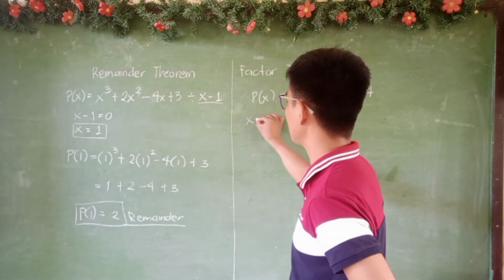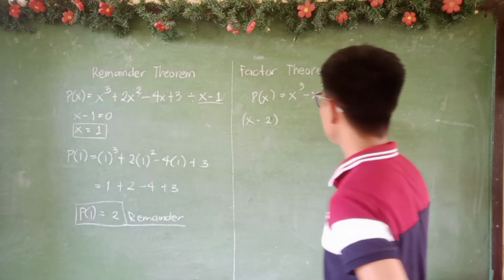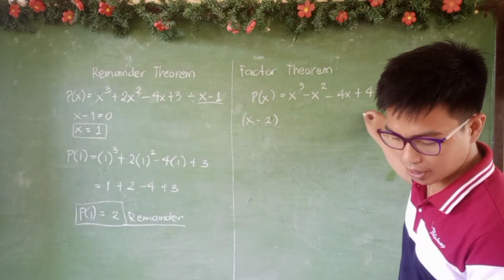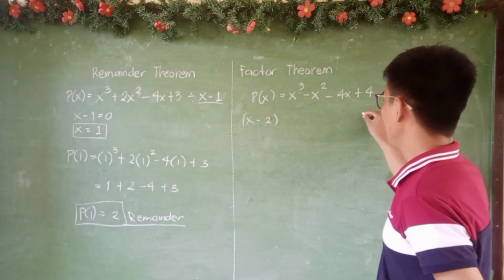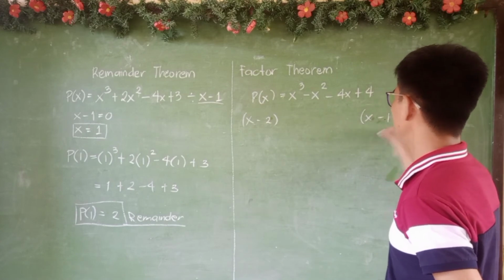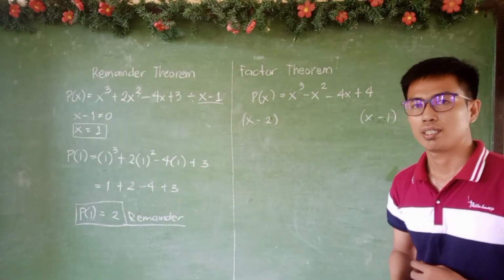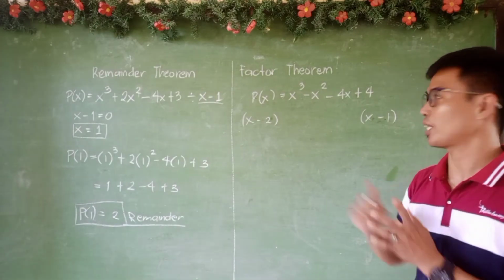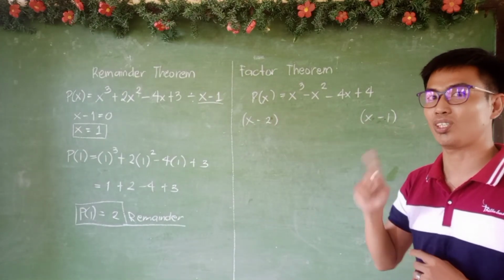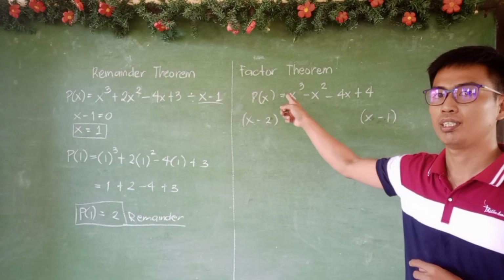So I have here two binomial, which is x minus 2, and another one is x minus 1. So from that given, we're going to identify which of the following is or are the factors of the given polynomial.